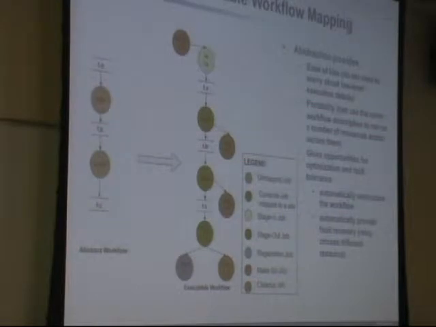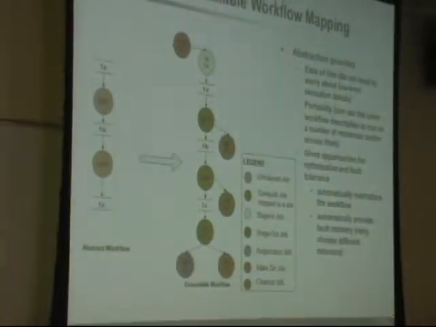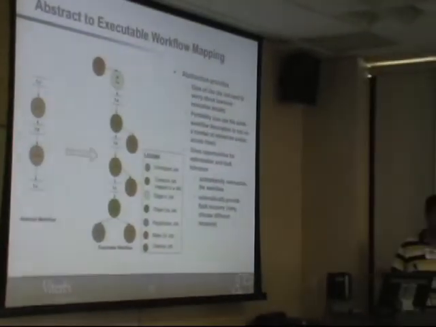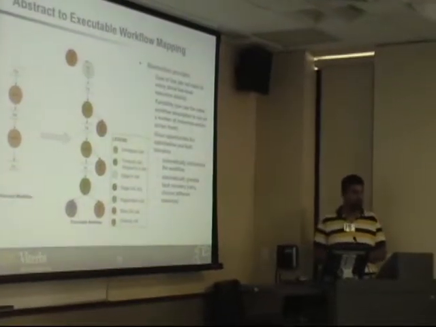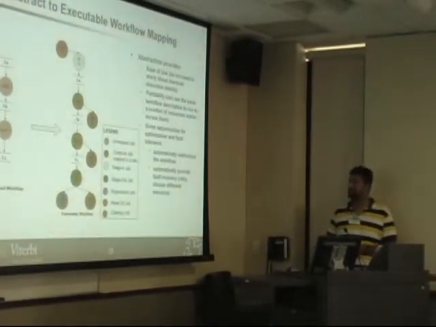So this notion of abstraction provides us ease of use. As a user, you don't need to worry about these details, about where the job will run or how to ship in the data. Pegasus will take care of it.